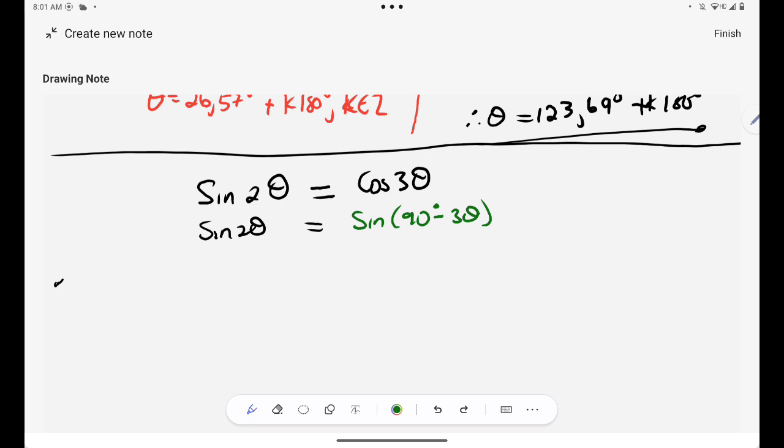Are you together? When we are here, remember that in algebra, if you had something like this, 2 to the power x is equal to 8, you had to make your bases the same, and then you drop the bases because they are the same, then the exponents were going to be equal. In this case, we made the trig ratios the same.